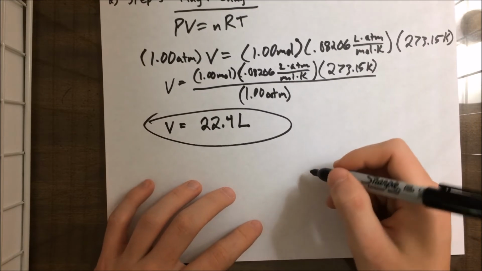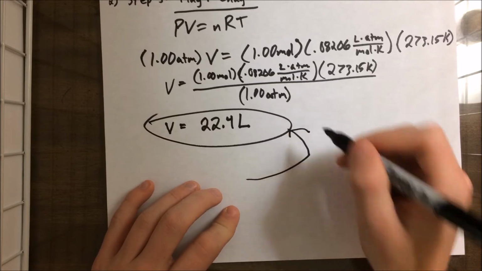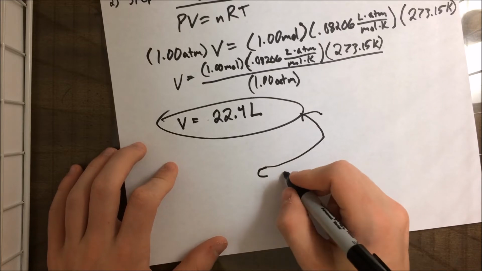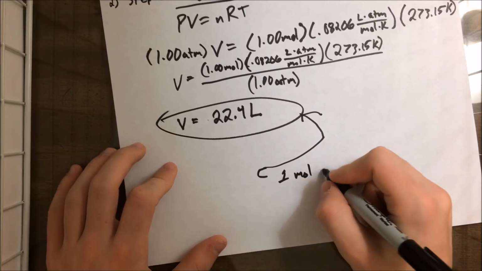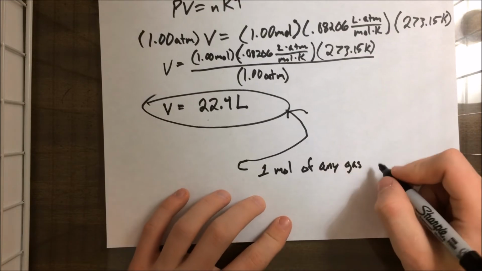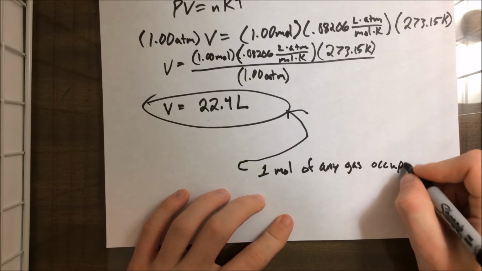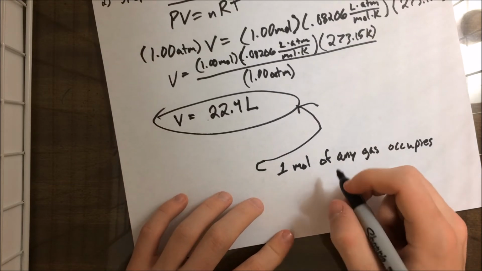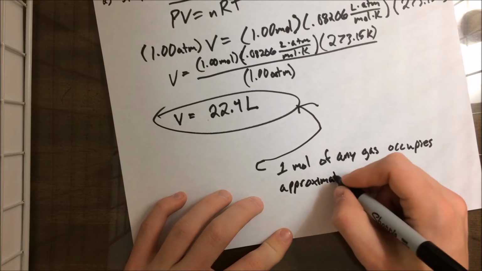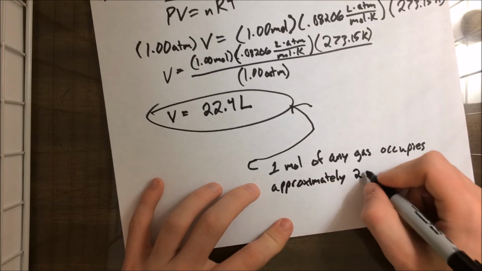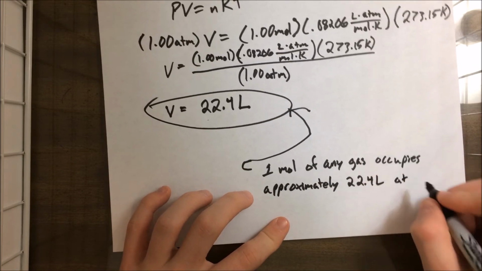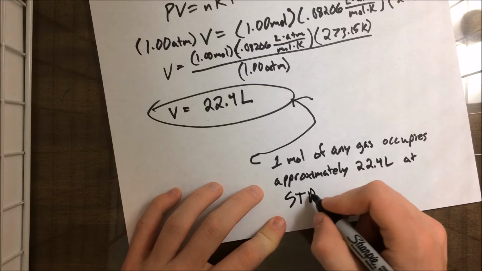And something to take note of is this value right here. That's actually something you can put in your notes. 1 mole of any gas occupies approximately 22.4 liters, so that amount, at standard temperature pressure, at STP.